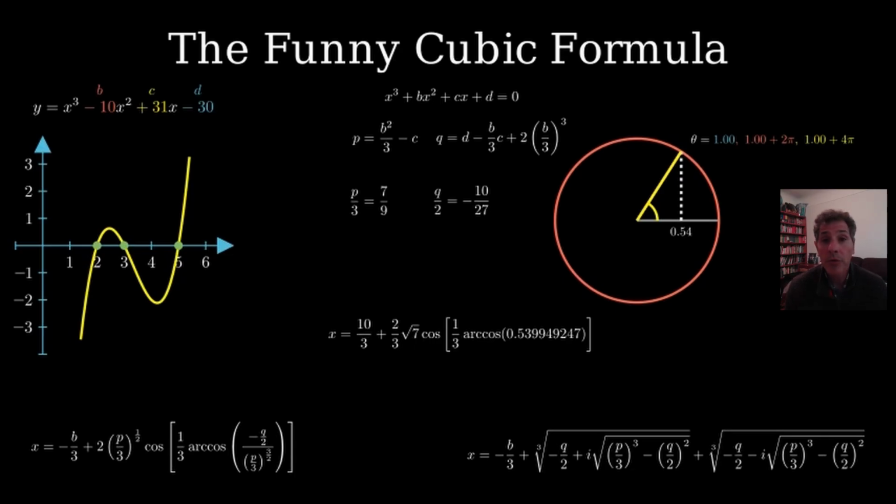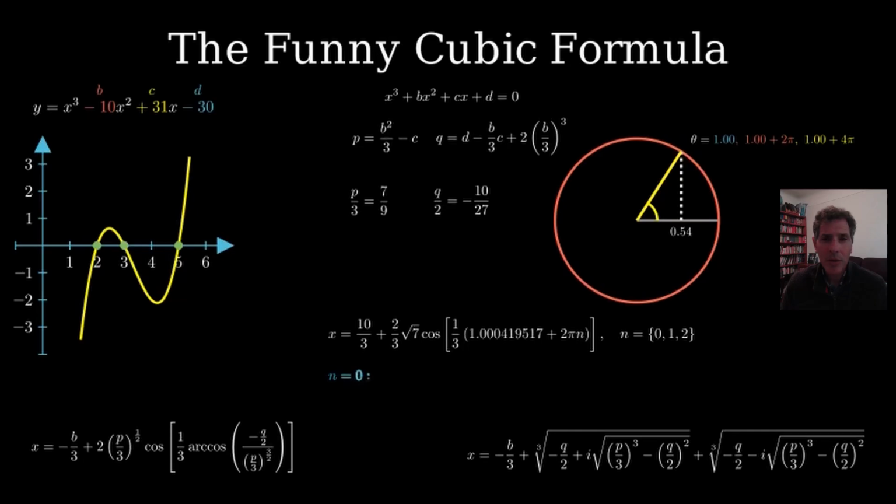So we can represent the arc cos value in our expression as 1.00 or 1.00 plus 2 pi or 1.00 plus 4 pi. Or in short, 1.00 plus 2 pi n, where n is equal to 0, 1, or 2. We could go higher with n, but it would simply be reproducing the values that have already occurred with 0, 1, and 2.